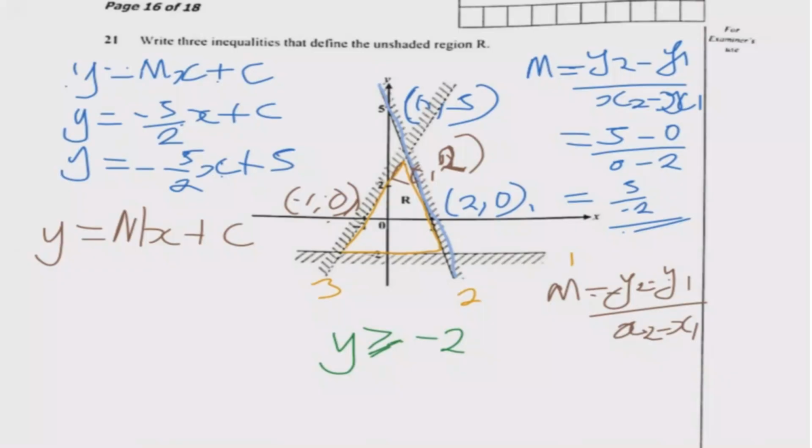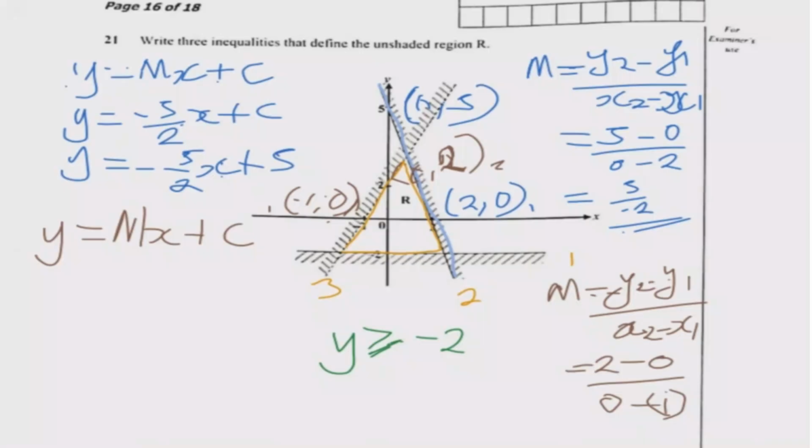We take this one as point 1 and this one as point 2. So y2 is 2, minus y1 which is 0, over x2 which is 0, minus negative 1.